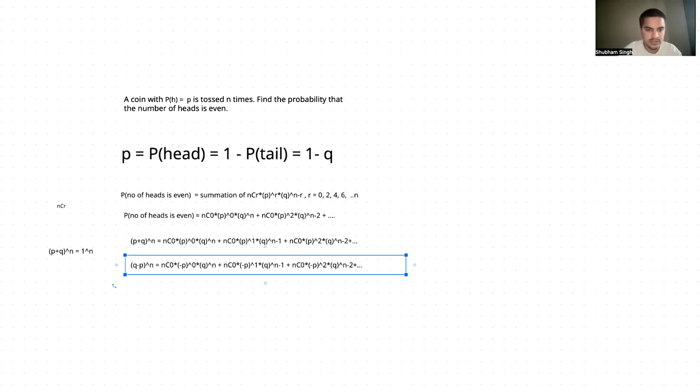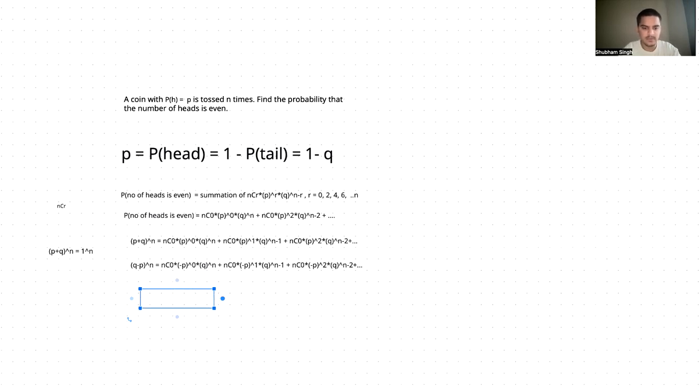So doing this, if we add both of these values, we'll get p plus q raised to n plus q minus p raised to n equals all the even values, right?